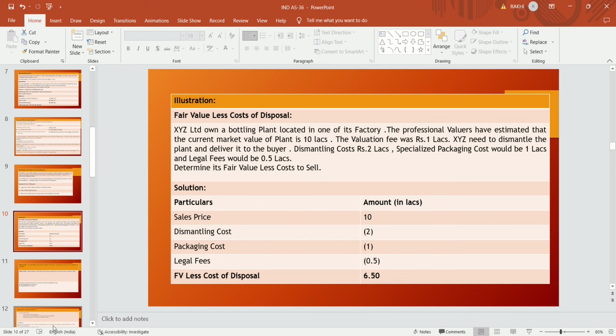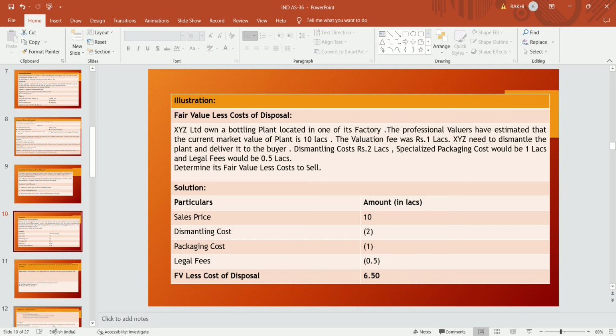So legal fees would be 0.5 lakhs. So how will we determine the fair value less cost to sell? We know that the fair value of that asset is, as the professional has determined, the estimated current market value, that is 10 lakhs.